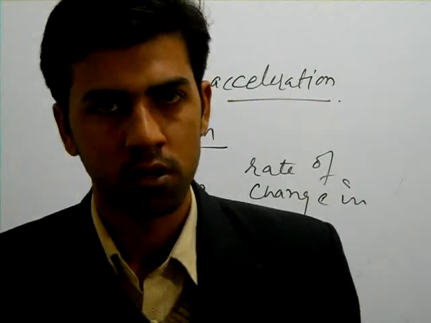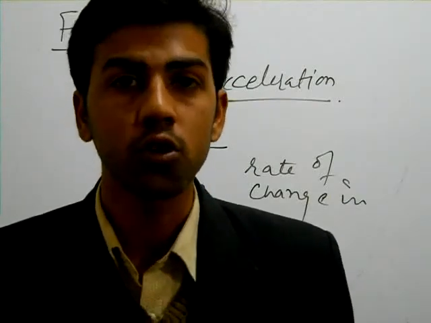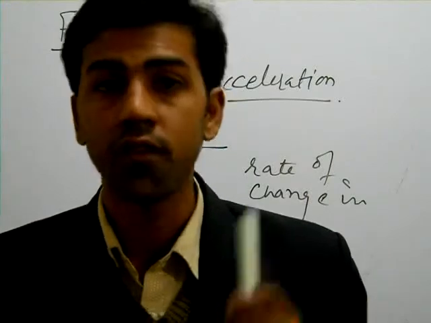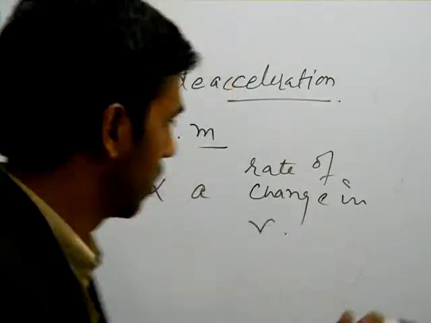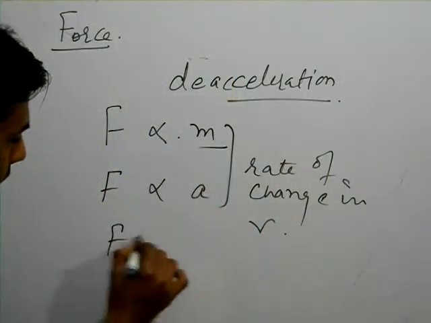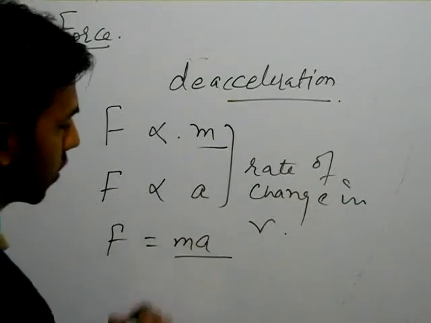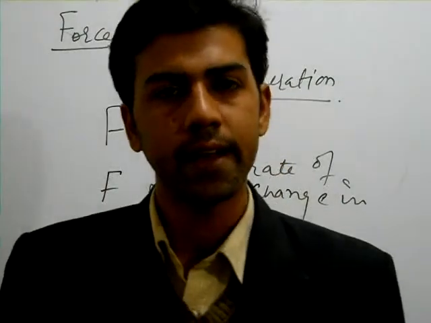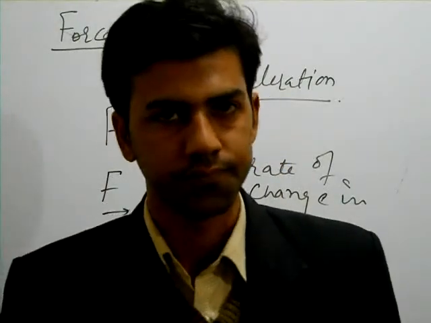From these points, Newton concluded the second law, that is F is equal to ma. From these 2 points we said F is equal to ma. Mind that a and F are vector quantities.